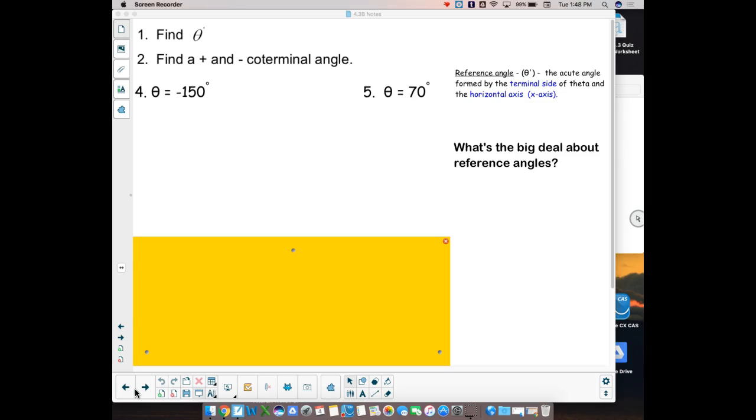Reference. Okay? So reference angles are the acute angles formed by the terminal side of theta and the horizontal. Always by the horizontal. Never off the vertical, always off the horizontal. Why are reference angles important?